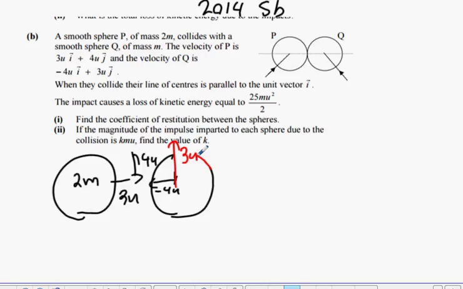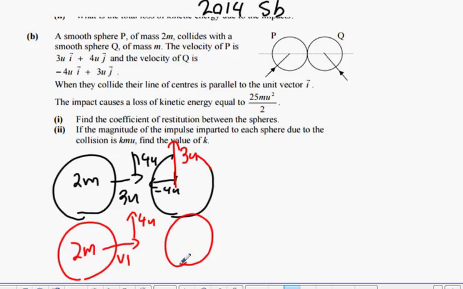Now after collision, what happens? The 4u stays the same, and the 3u stays the same. Okay, that's PCM, principle of conservation of momentum.